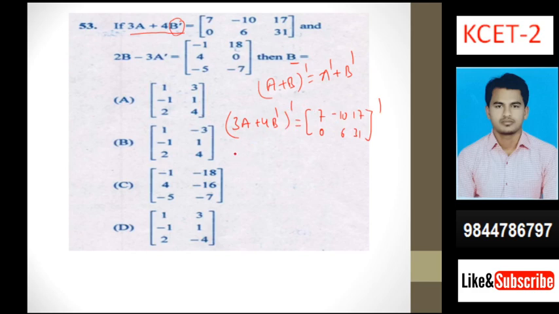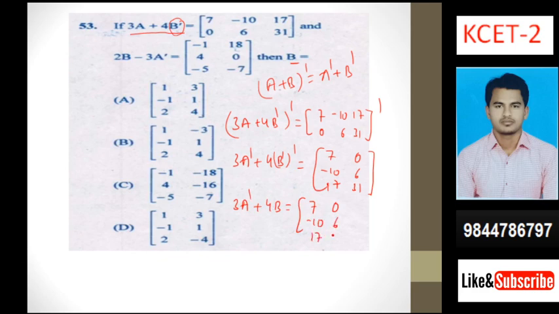Now using transpose, 3A dash plus 4B dash of whole dash is equal to the transpose of the given matrix, 7 minus 10 17 0 6 31. Now the resultant is 3A dash plus 4B is equal to 7 0 minus 10 6 17 31.